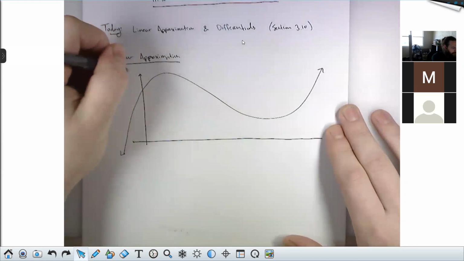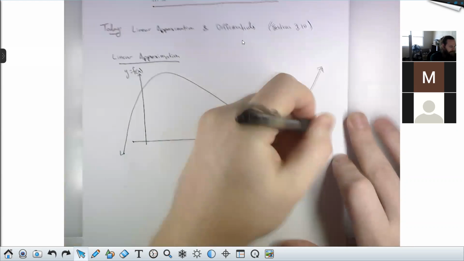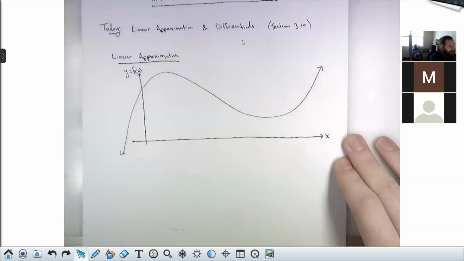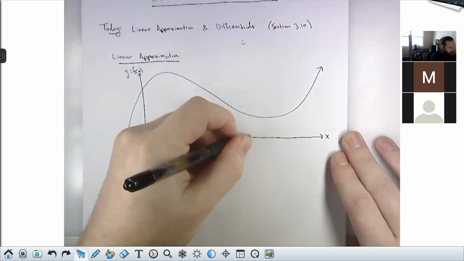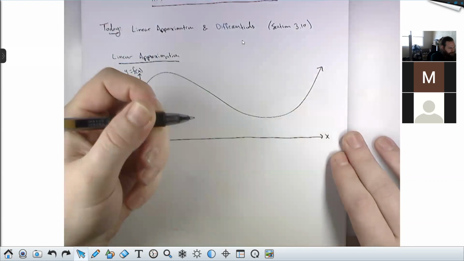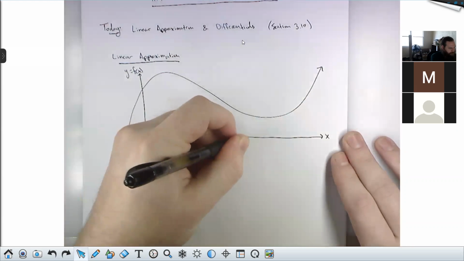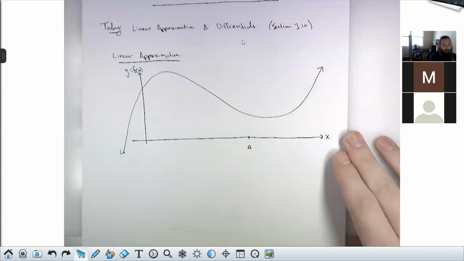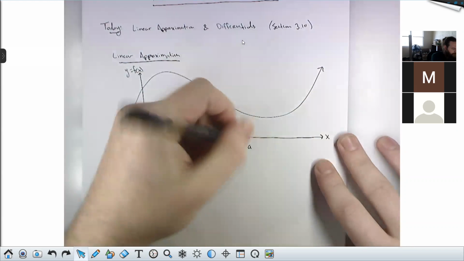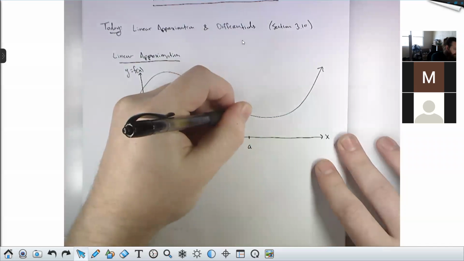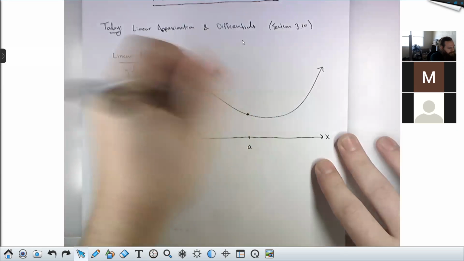And of course, this is my x-axis. And I'm going to pick an x value in here somewhere. I'll call it a. And that means the point on the graph right here is (a, f(a)).